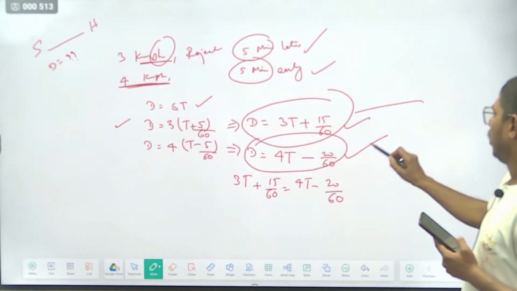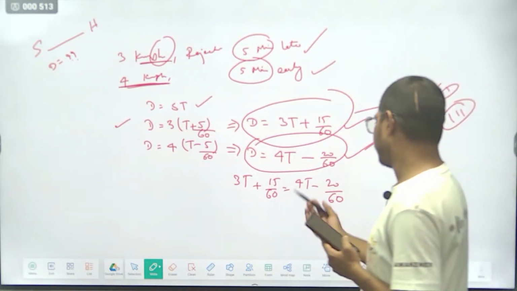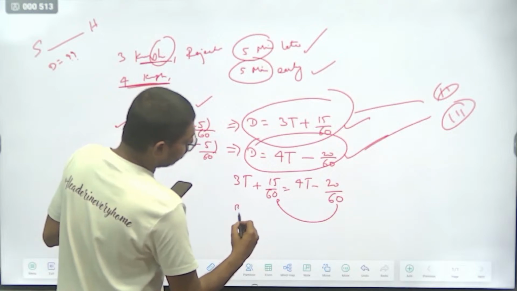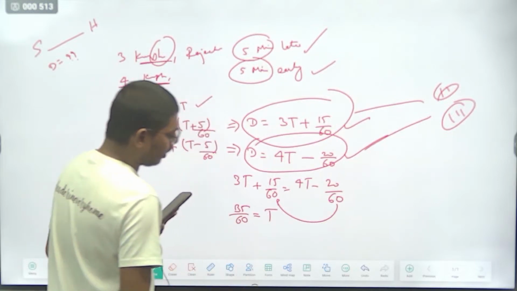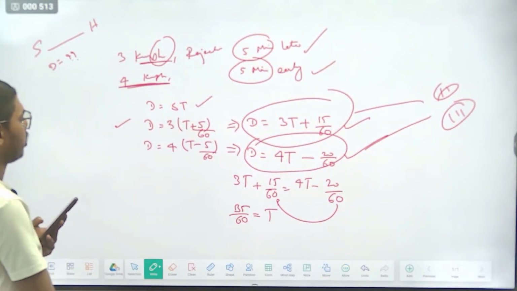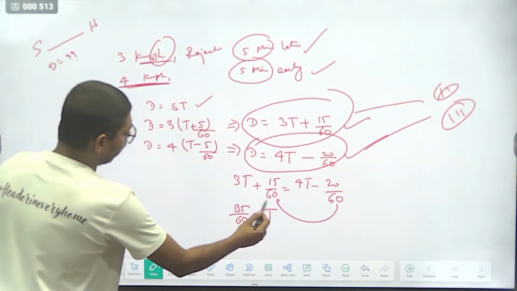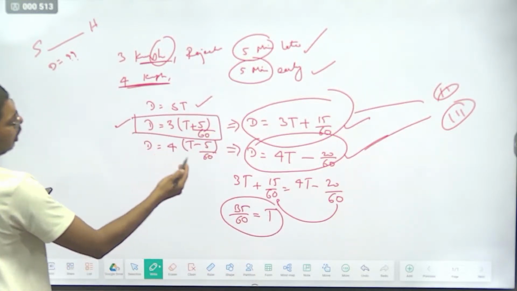From this, maybe you can call it 2, or maybe you can call it 3. Now we just have to solve it. If it comes this side, it will become 35 by 60. Over here, this is T. Time is how much? 35 minutes. If we have time equal to 35 minutes, we know D is equal to anything, you put it anywhere.